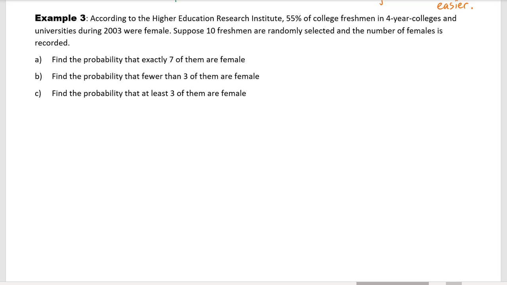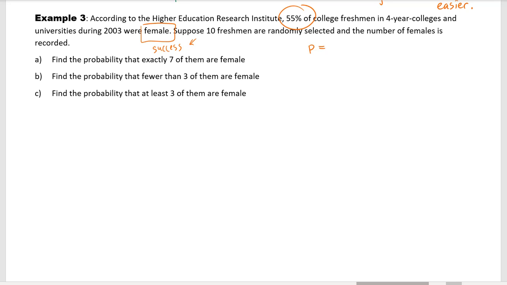Okay, so this is a binomial distribution, right? So here, 55% of the college freshmen were female. So this is the probability of success. In this example, success is females. Success is really what we're interested in, what we want to know. Success could be something bad, for example, if we want to find the number of defective products.